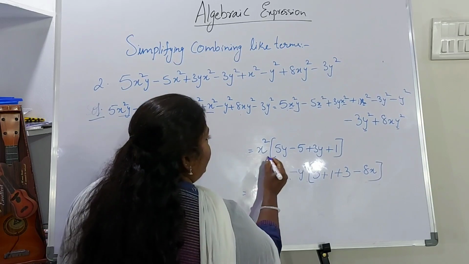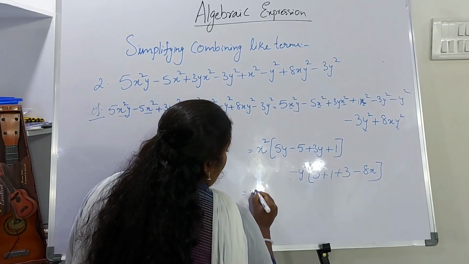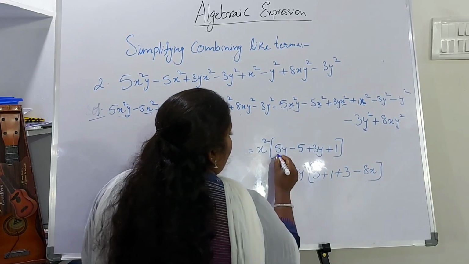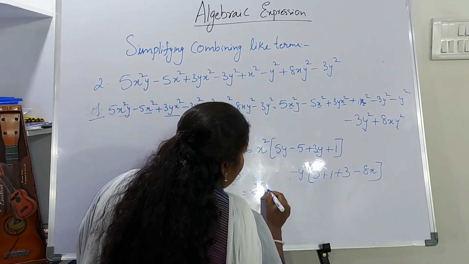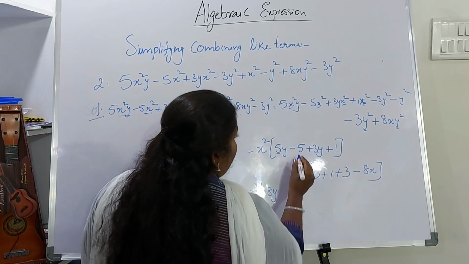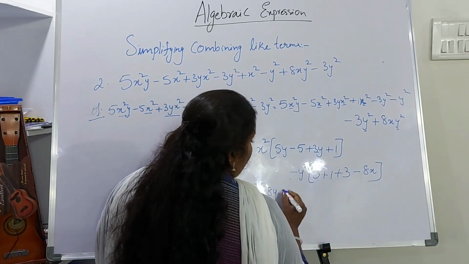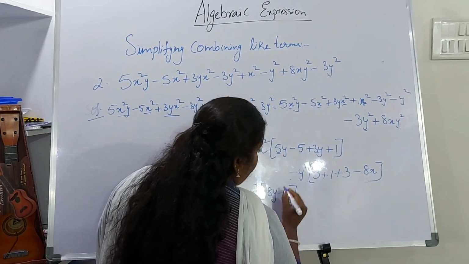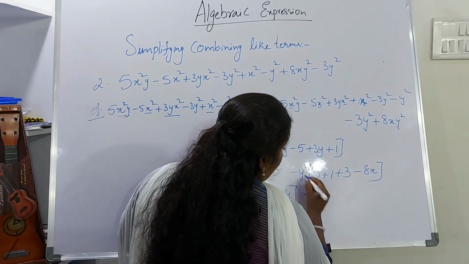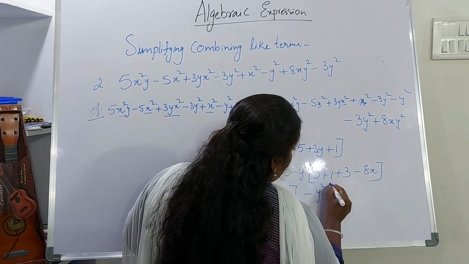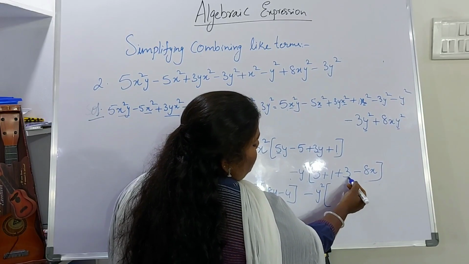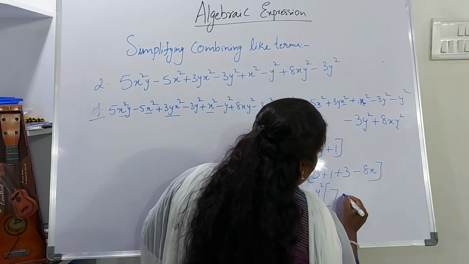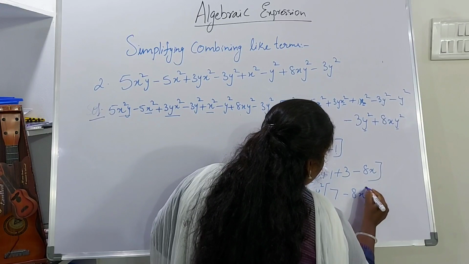Now it is x square, 5y and 3y. When you add up, you will get 8y. Minus 5 plus 1 will be minus 4. And the second one is minus y square. Now 3 plus 1 is 4. 4 plus 3 is 7. 7 minus 8x.